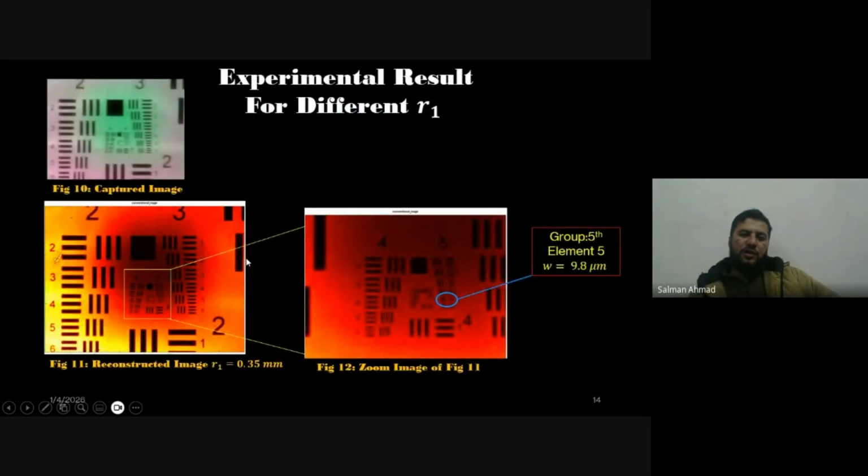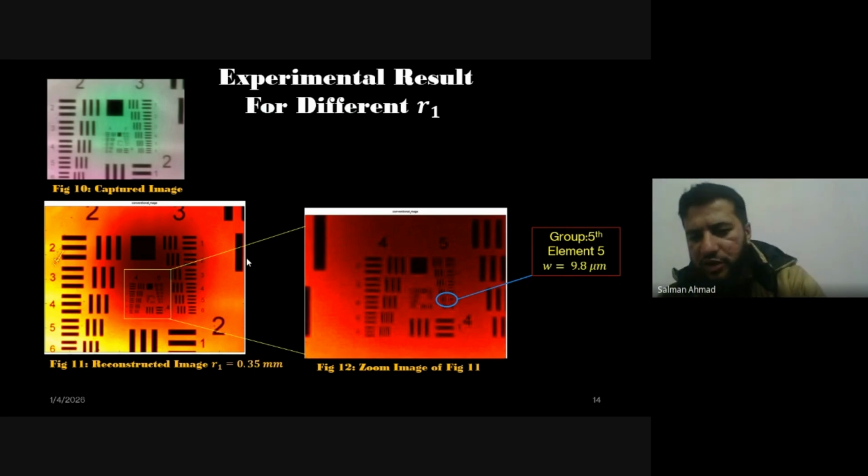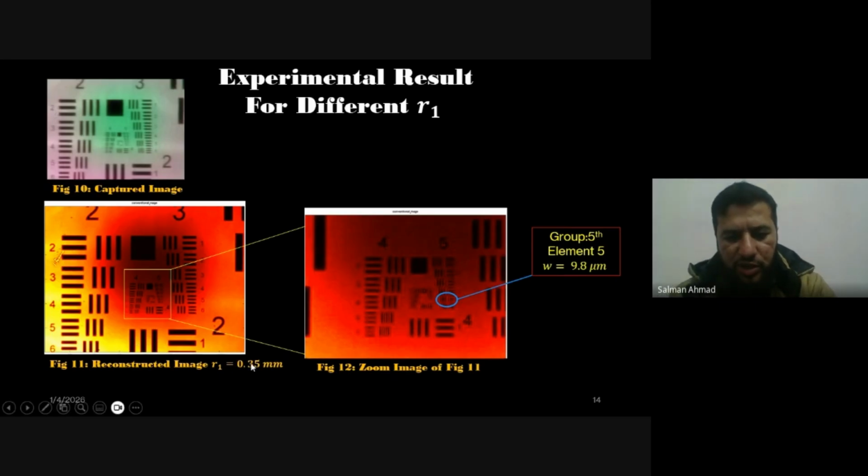So here we have some experimental results when we were using the 0.35 millimeter FZA, Fresnel zone aperture, or Fresnel zone plate. Here we captured this image after applying the reconstruction algorithm.